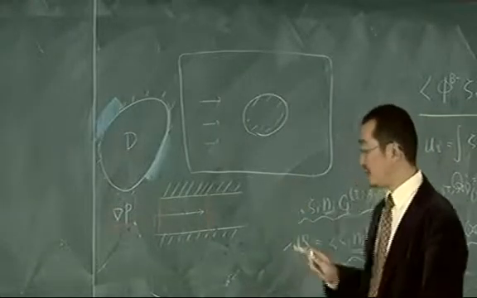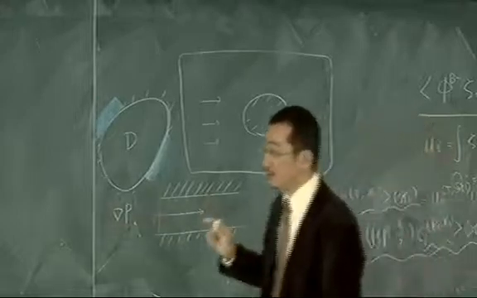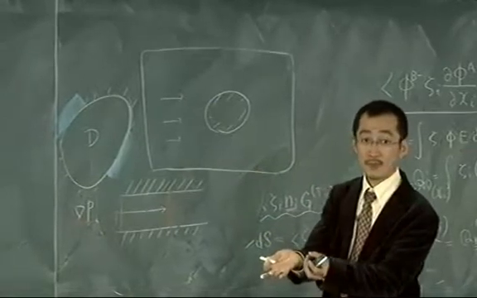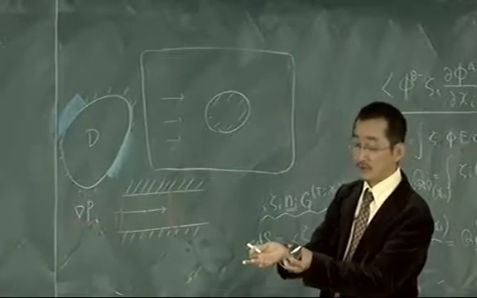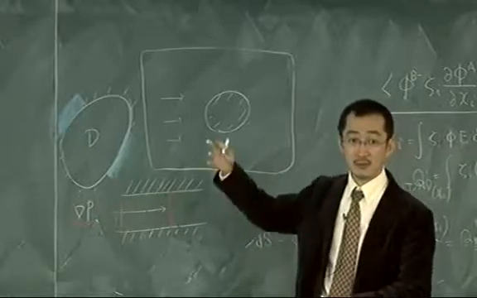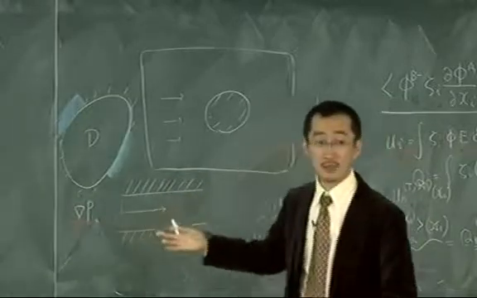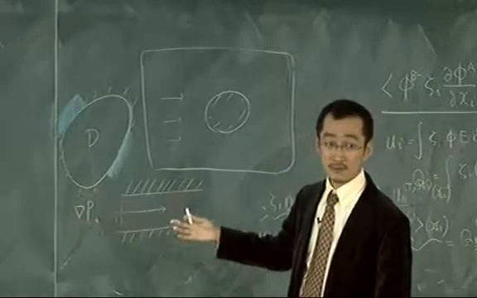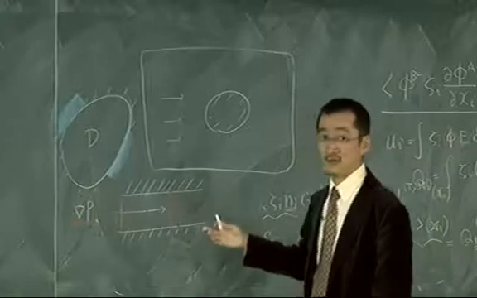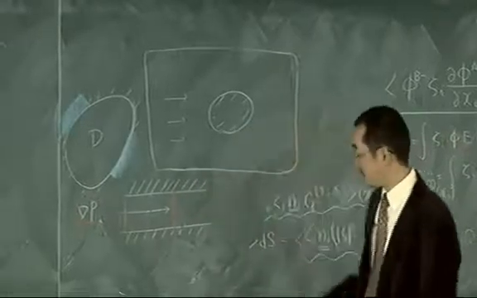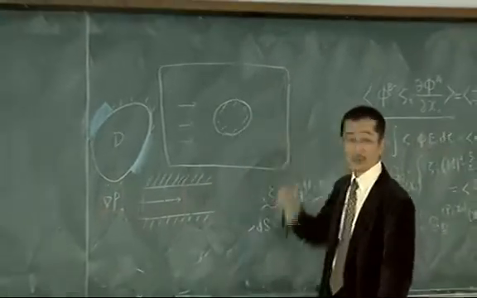But I need one restriction, that the body is confined in a finite region, because I need to use some asymptotic property at a far distance. Because of this reason, I need the restriction of the body confinement.